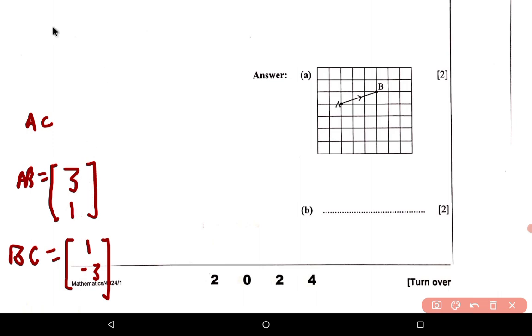So we're going to say that AC will simply be equal to AB plus BC. So AB is (3, 1) plus BC is (1, negative 3).